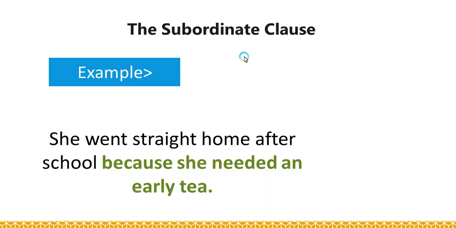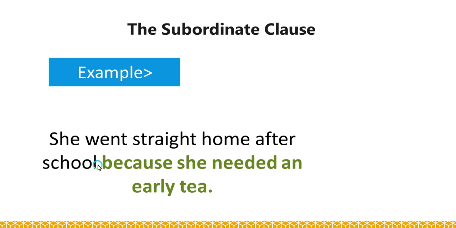The subordinate clause. Example: she went straight home after school. Let's say there is a full stop here, okay? There is no other part. If we stop here, at the word school, you will feel that it's a simple sentence.